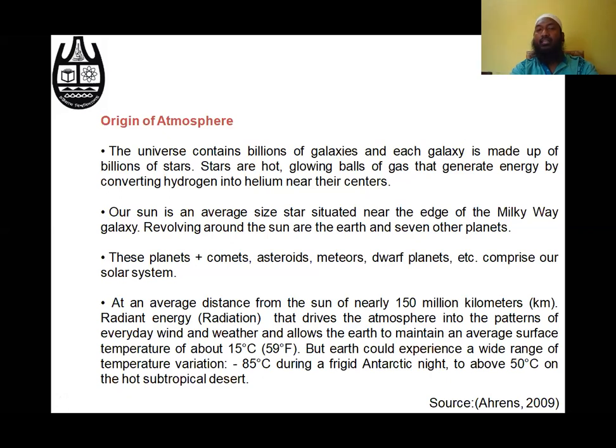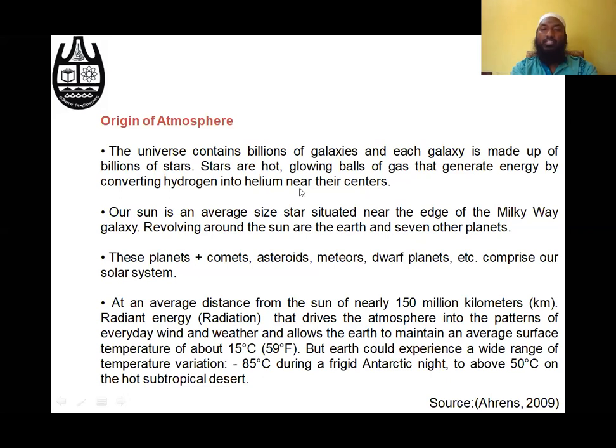This sun has 8 planets. And these planets move around the sun. With these planets, we also have other celestial bodies. We have comets, asteroids, meteors, and sometimes we also find information about dwarf planets. All this comprises our solar system.